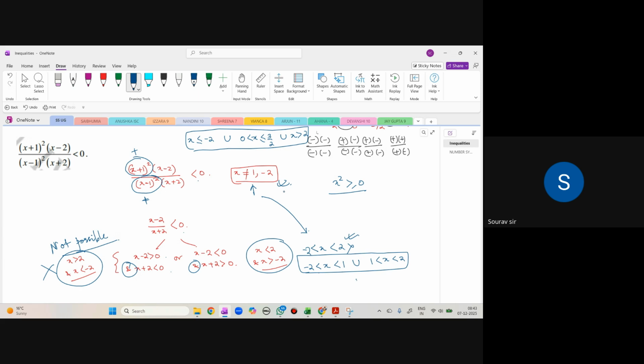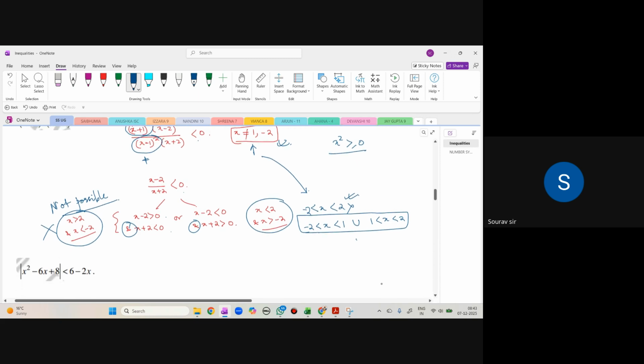Sir, please explain why the first one is not possible. Okay, you think of it and tell me a value under this condition: x is greater than 2 and x is less than minus 2.